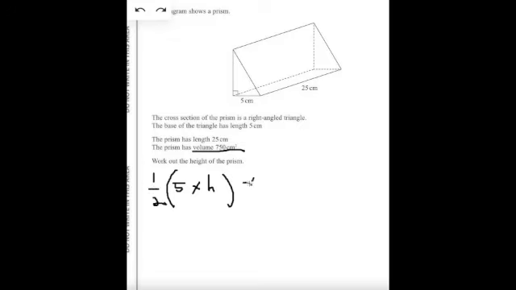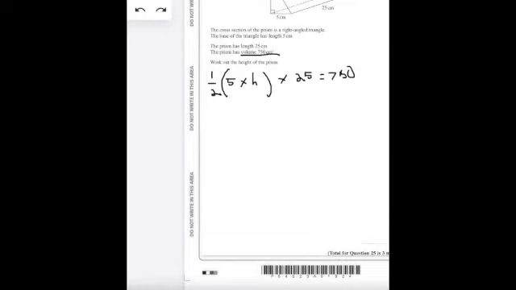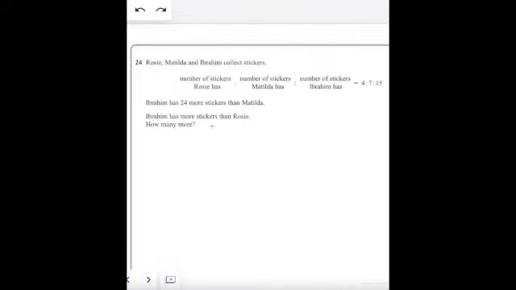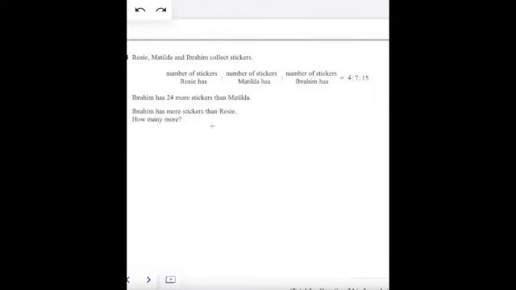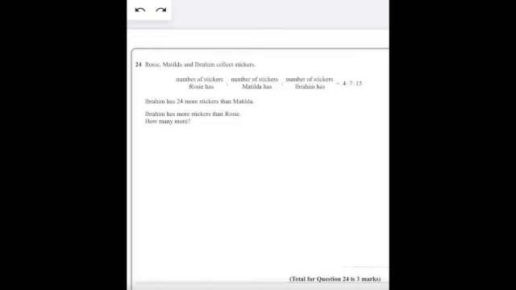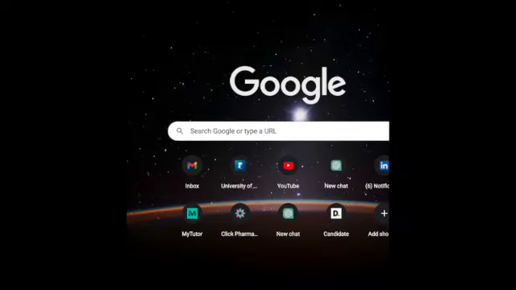You make that equal to 750, because that will be the volume, and then you work out the value of h. Similar to this sort of question, you can see it doesn't really get that hard. The foundation paper is just making sure you don't make silly mistakes.